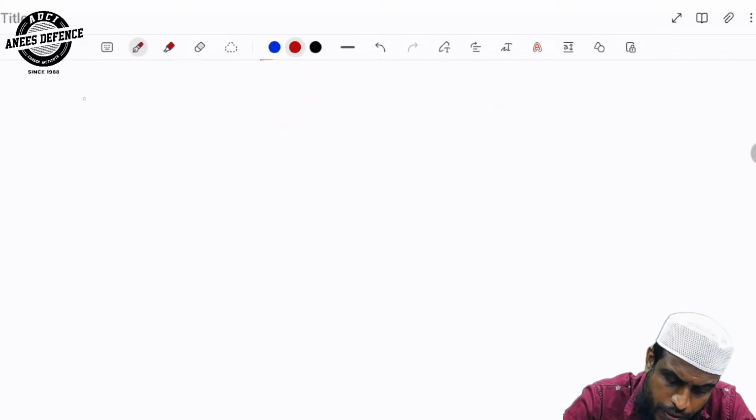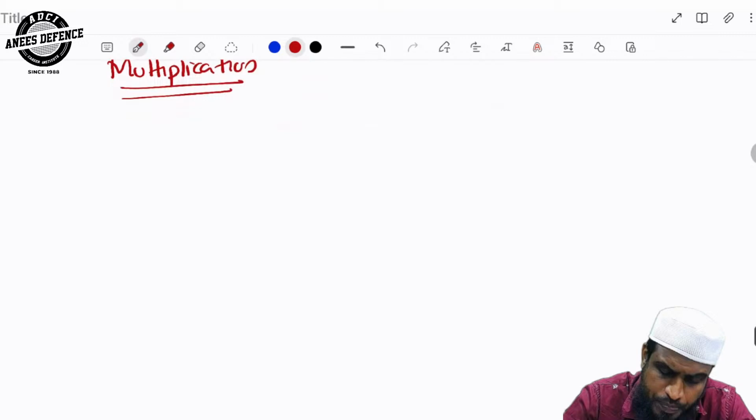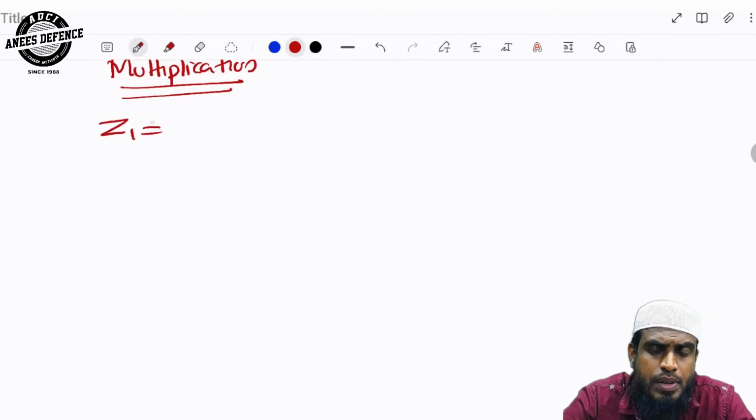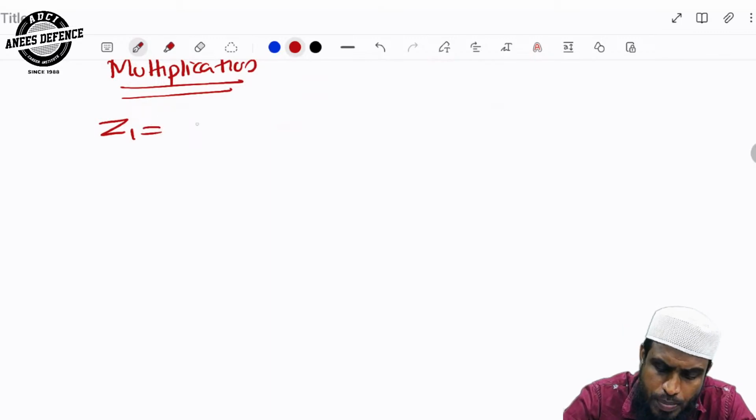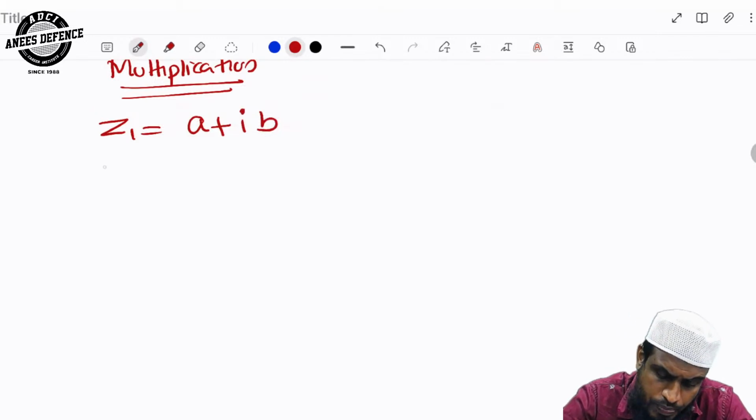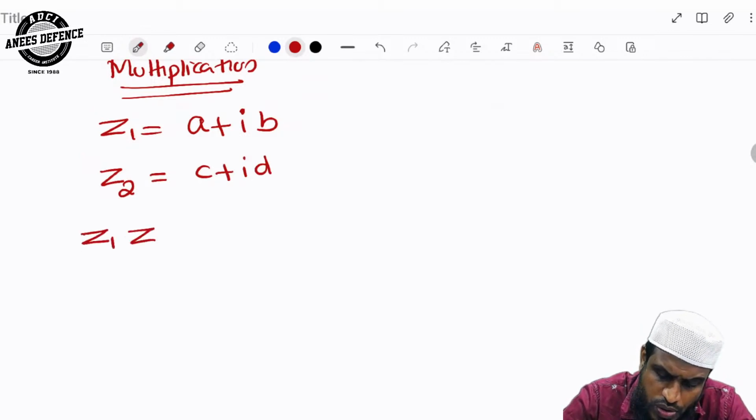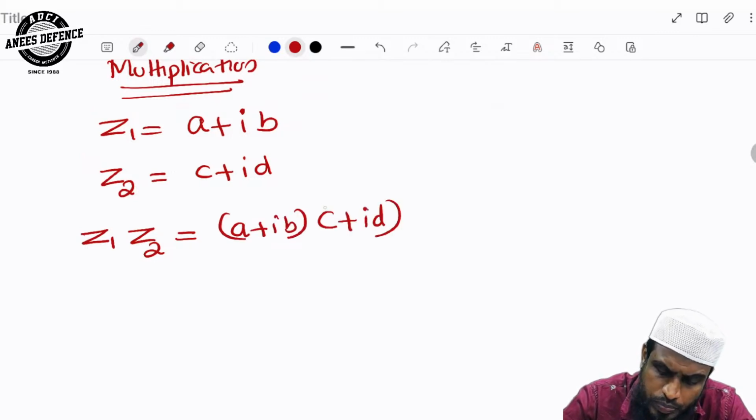Multiplication. Here you can multiply a real part with an imaginary part also. For example, a general example: Z1 equal to a plus ib, Z2 equal to c plus id. So Z1 into Z2 equal to (a plus ib) into (c plus id).